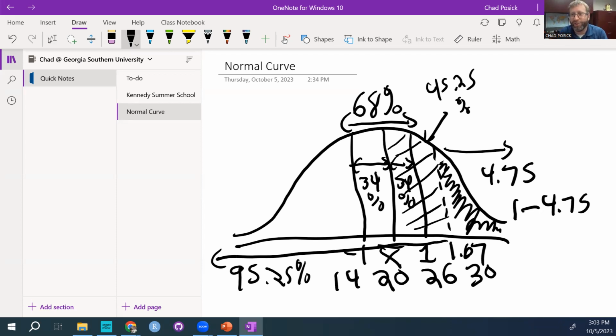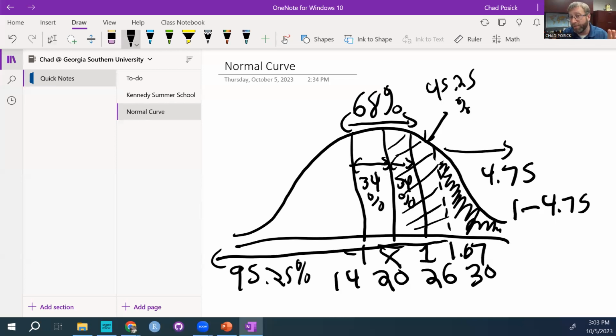So I know this kind of looks a little bit messy at this point, but go back and rewatch this video, take it step by step, and see how we can start to answer all sorts of other questions related to what percent of people would do better or worse, or in between the mean and that individual score. The normal curve, remember, is symmetrical.